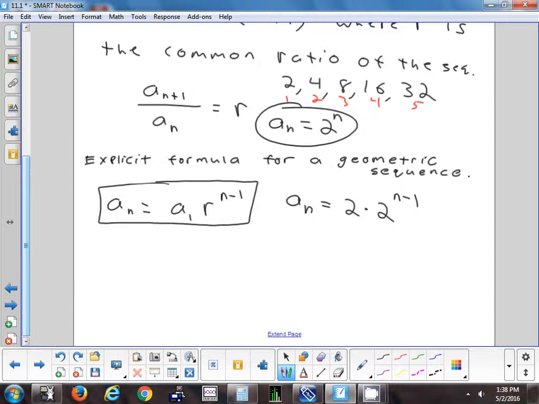Think about you're multiplying things with the same base. So what's the rule when you have exponents and you multiply with the same base? Yep, you add the exponents. Well, what's the exponent on 2? It's a 1. So if you add your exponents, what's 1 plus n minus 1?